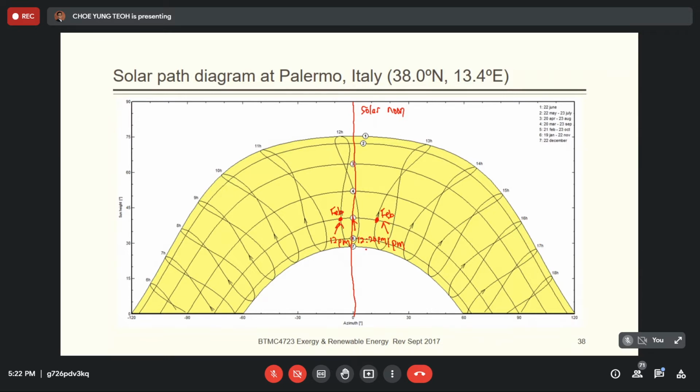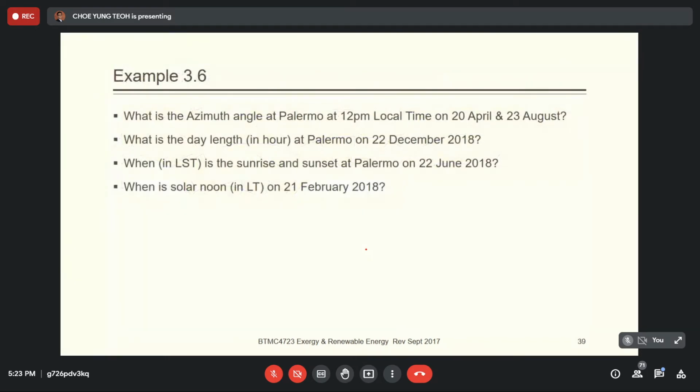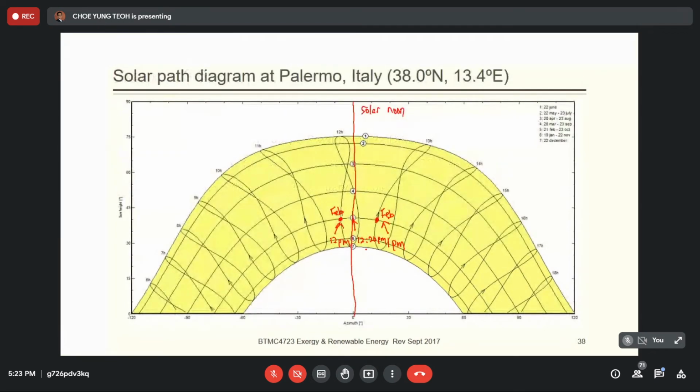Okay, so based on this, we can identify correctly. But of course, first you need to know which point is actually the 21st of February. Okay. If no issue, then we can move to the next graph.